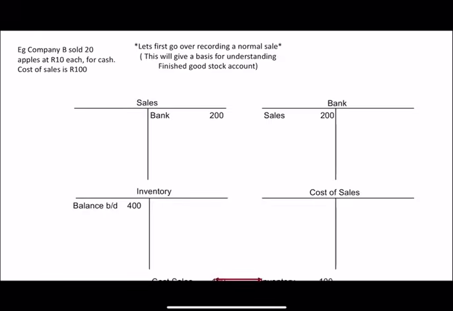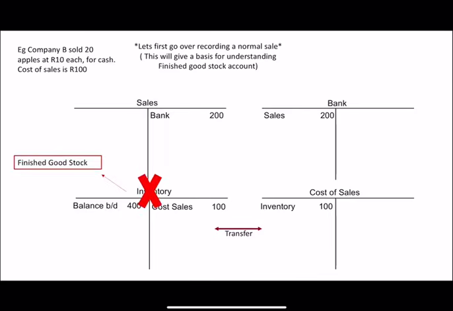So therefore, we have to carry out or transfer out of that inventory account 100 Rands worth of goods and put it in our cost of sales. This shows us that at the end, we only have 300 Rands worth of goods left to sell. Okay, now when we're doing manufacturing accounting, this process works exactly the same way, except we do not have an inventory account. Instead, we have a finished goods stock account.